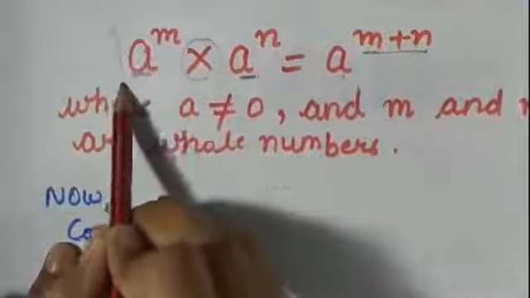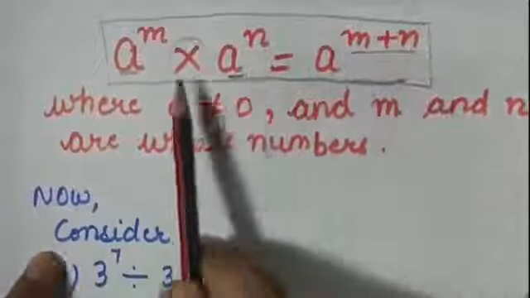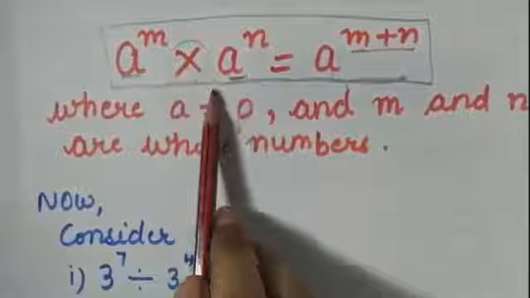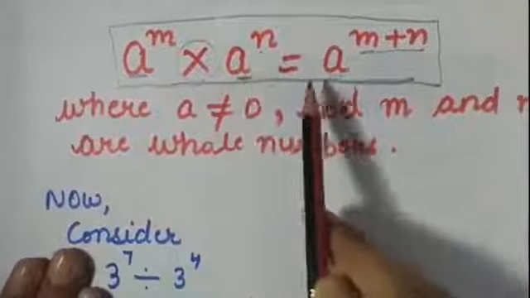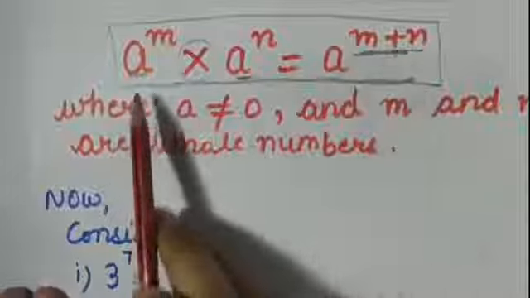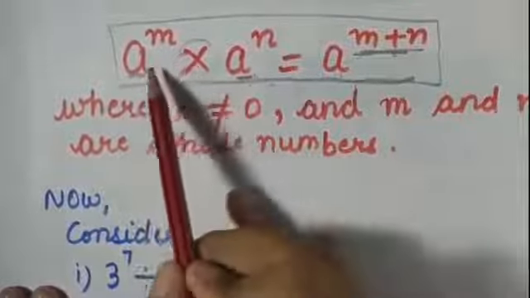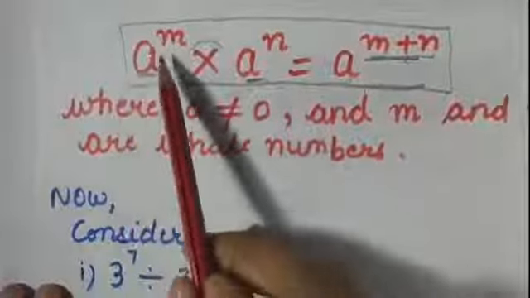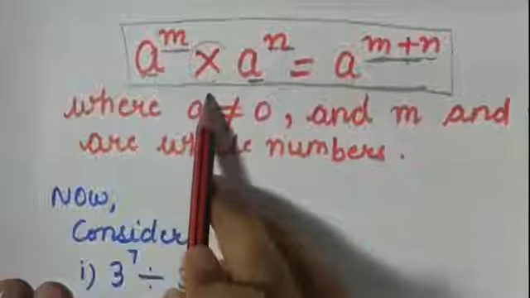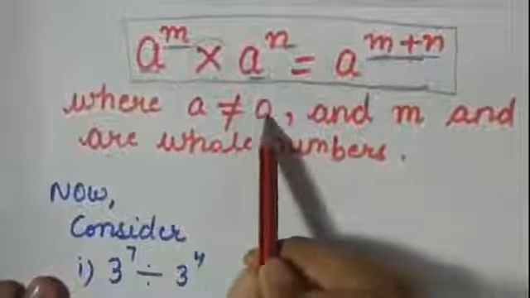So this is our first law of exponents. A raised to the power m into a raised to the power n is equal to a raised to the power m plus n. Whenever you are multiplying two exponential forms having the same bases, the powers get added. The result is equal to this, where a must be non-zero.